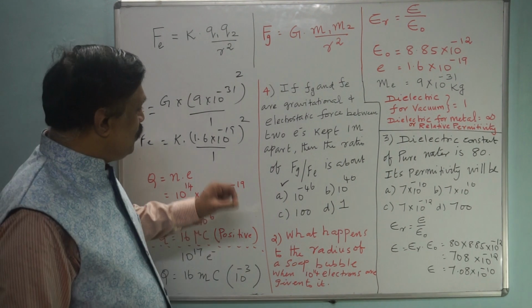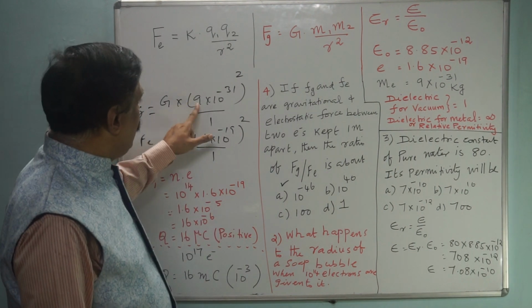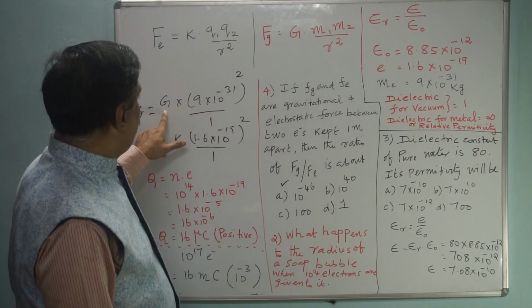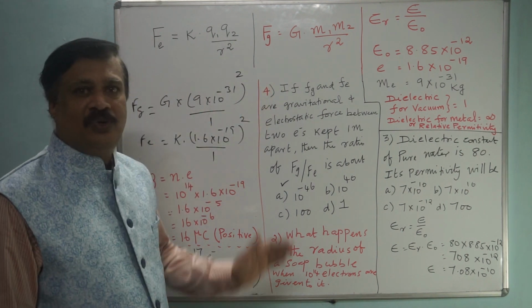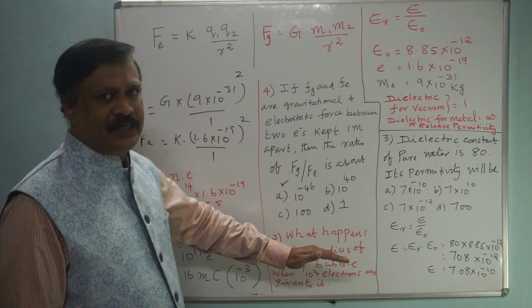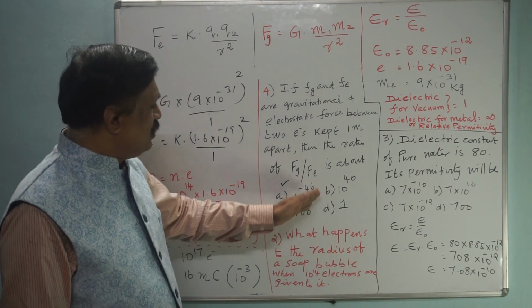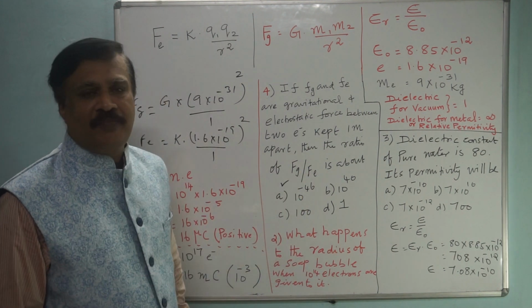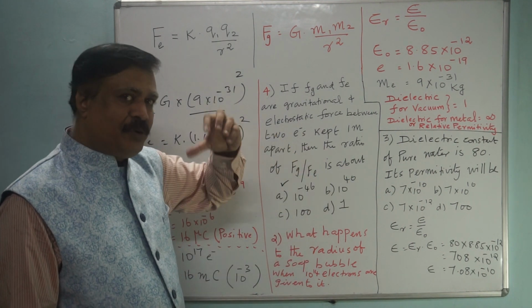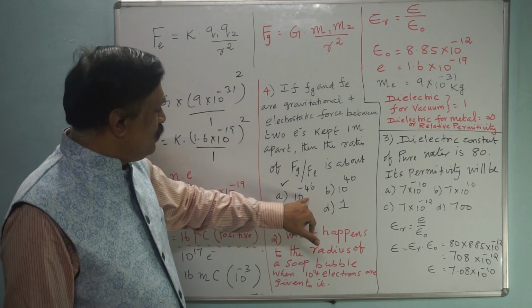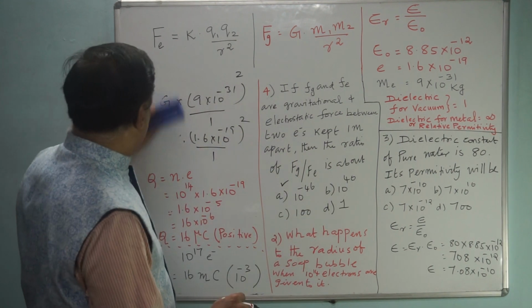If they give a particular value, then you have to calculate, multiply, this value is 8 point something, and then calculate the exact answer. Here they are asking about 10 power only, the order of magnitude. Therefore this value is the correct answer.